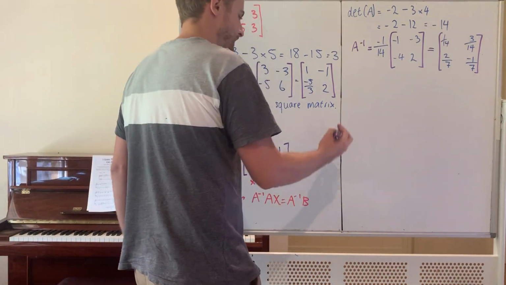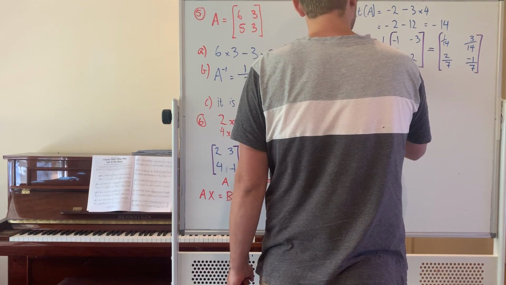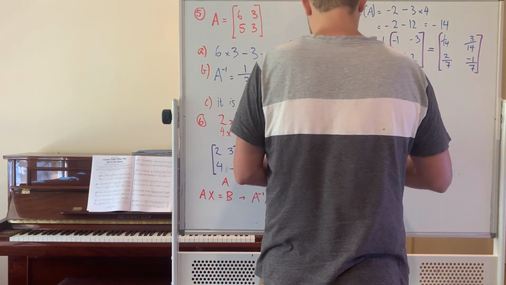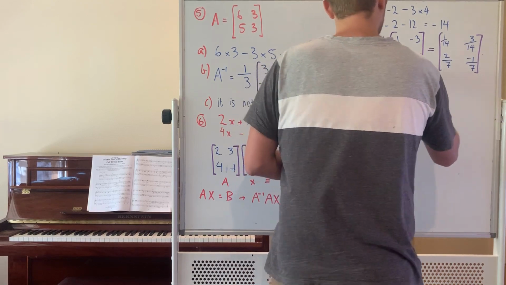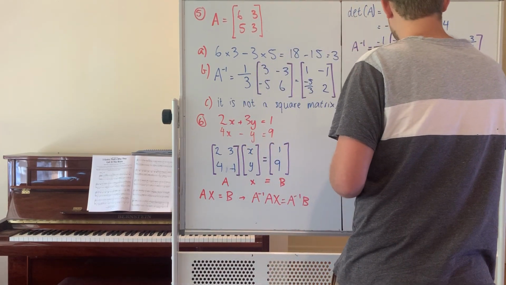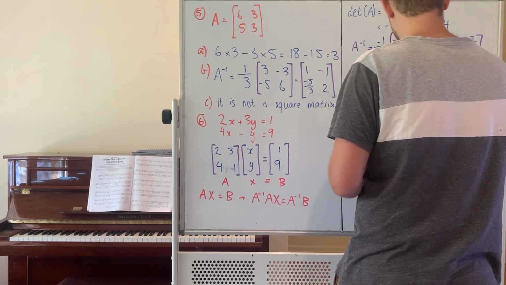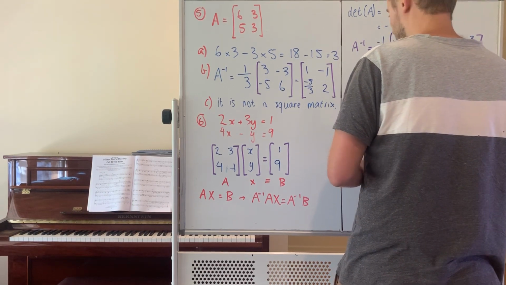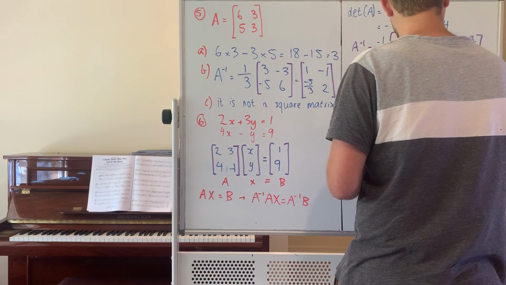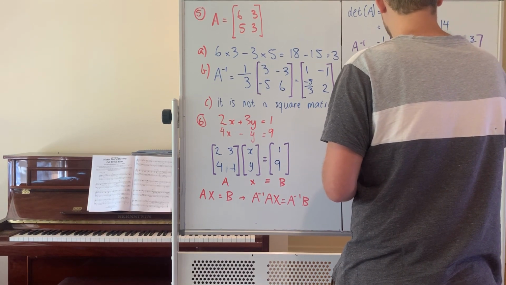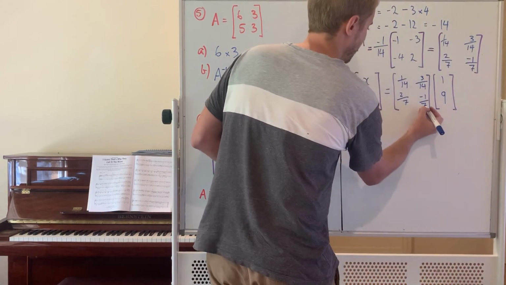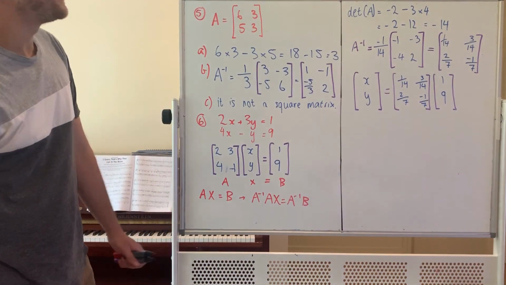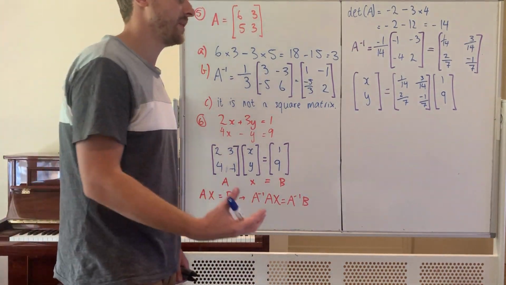Alright, so to rewrite this, what we now have is xy equaling the inverse of A times B. Now we just need to multiply those two together to get our final answer.